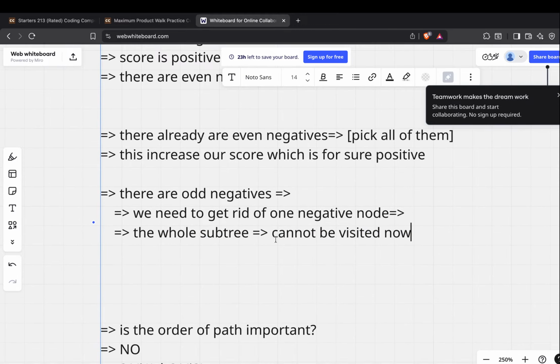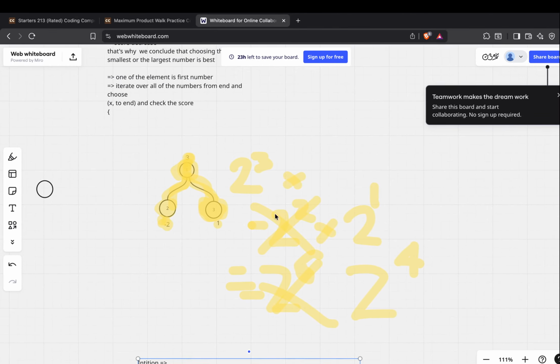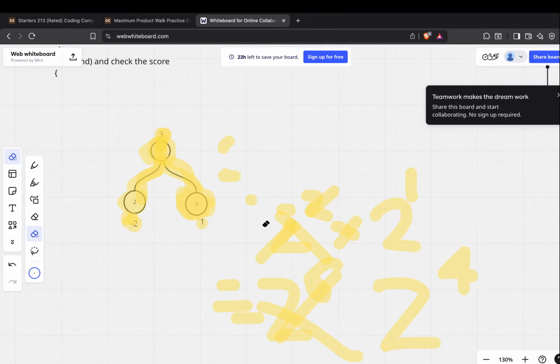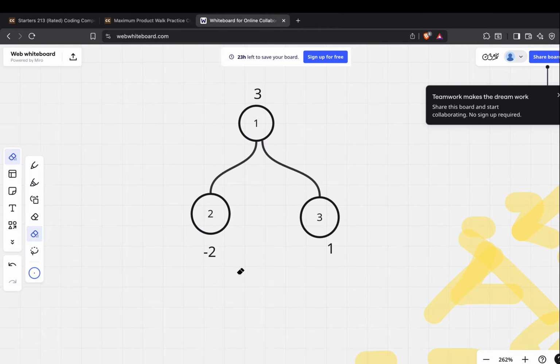That the whole subtree of that node cannot be visited. So if this was our, let's understand this. Let's say we had one negative node, the second node here.